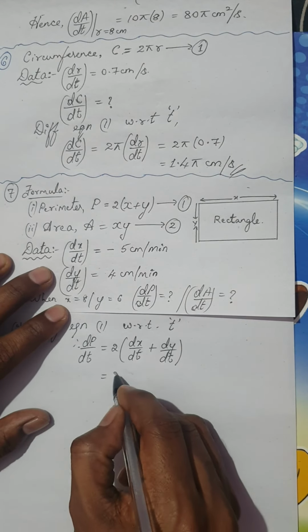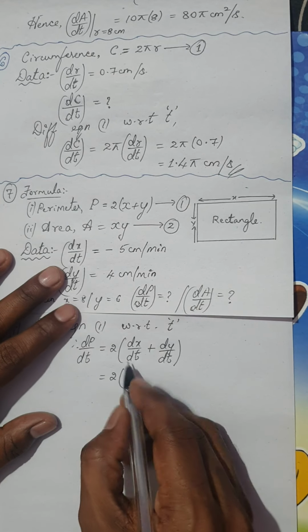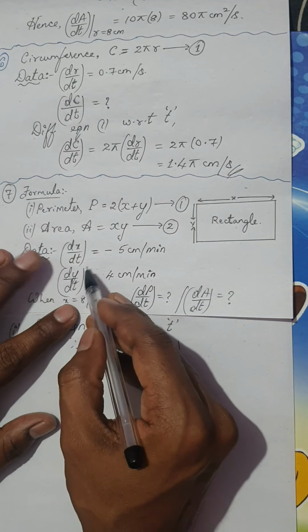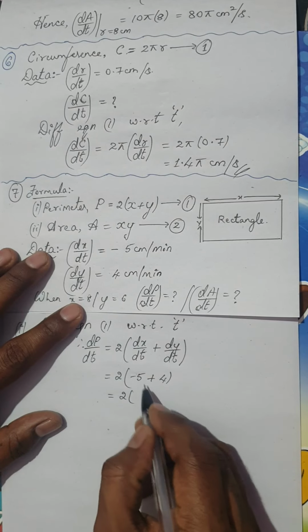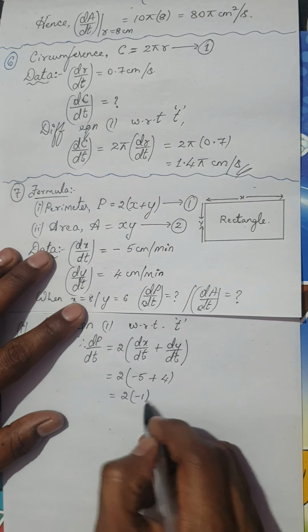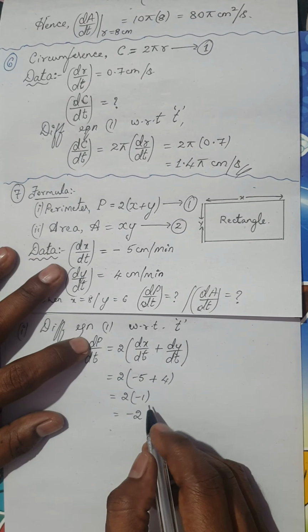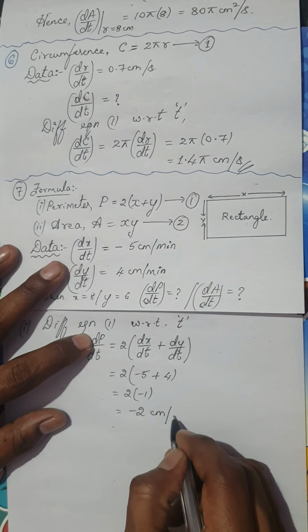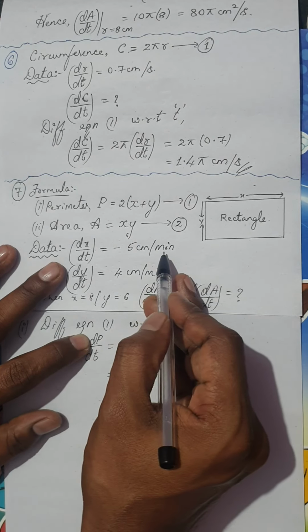So this is nothing but 2 into, now what is dx by dt? Actually dx by dt is considered as minus 5, plus dy by dt is considered as 4. So this is nothing but 2 into minus 5 plus 4, which is minus 1. This is nothing but minus 2. The unit of perimeter is centimeter, so minus 2 centimeter per minute. Please be careful because the unit of time given here is minute.